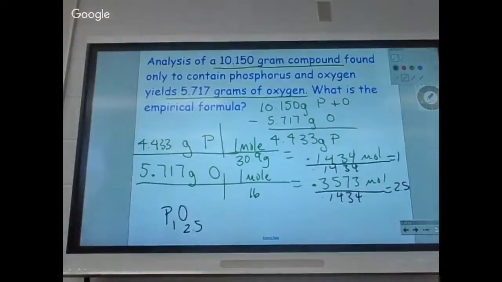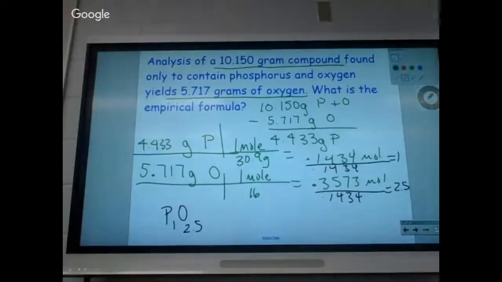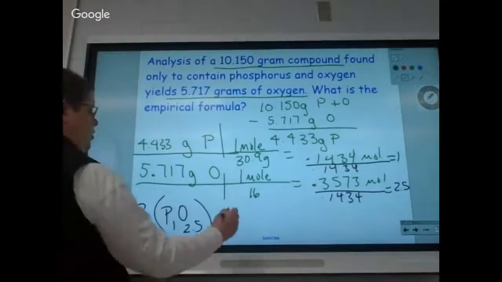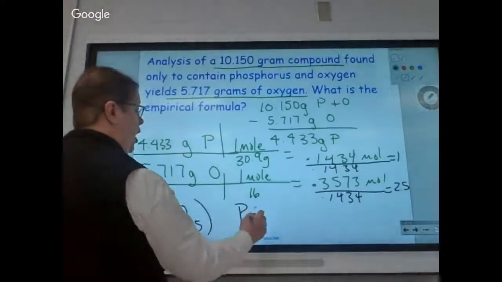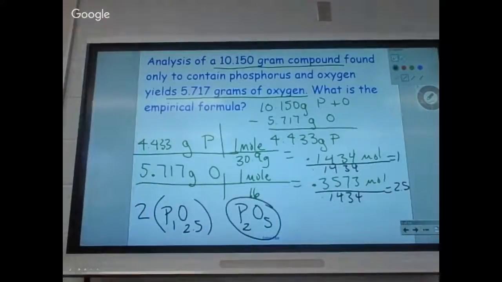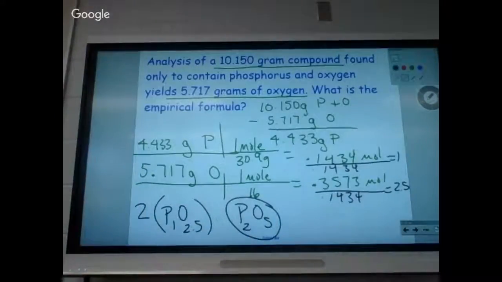Now, just like we just talked about, if you get a half, you have to multiply your formula by what? 2. So you get P2O5. Questions? That's a lot of work. Y'all are really not going to like the empirical formula or the stoichiometry problems we do next.